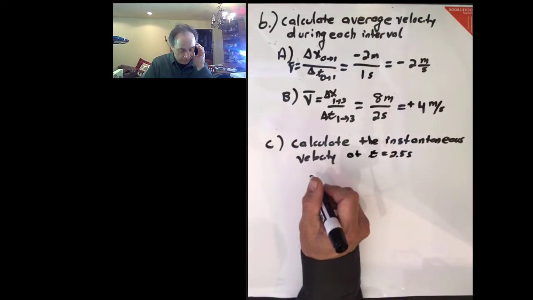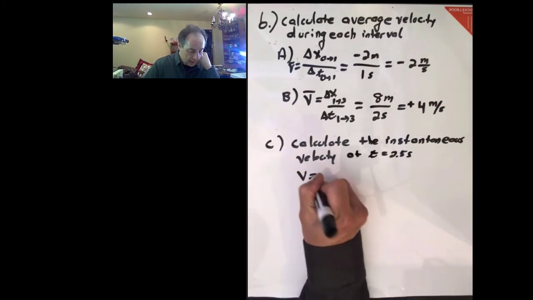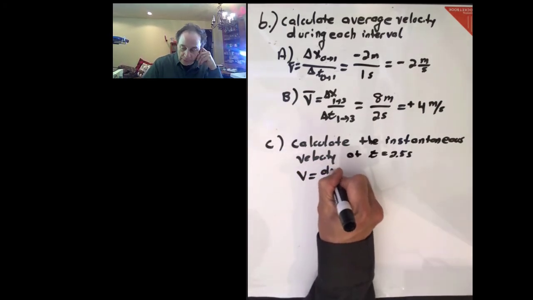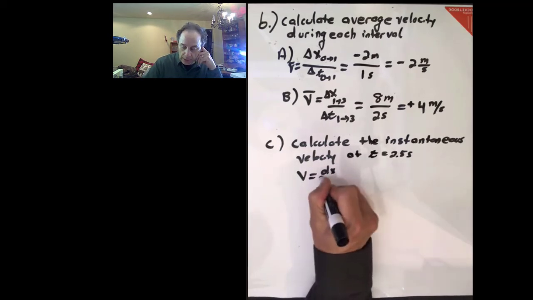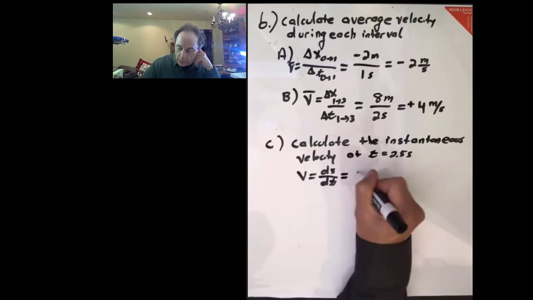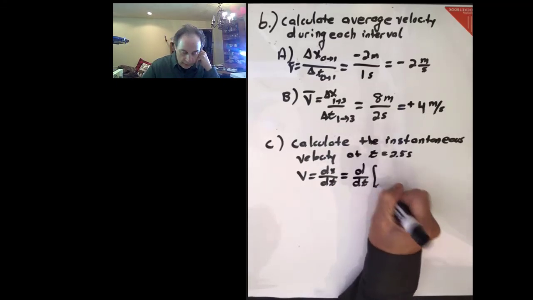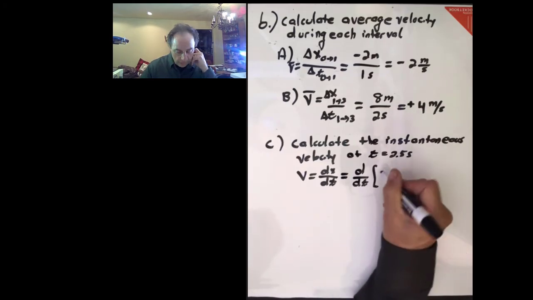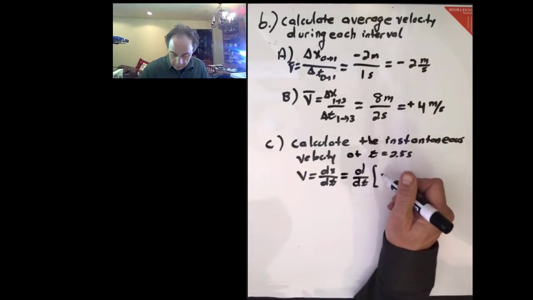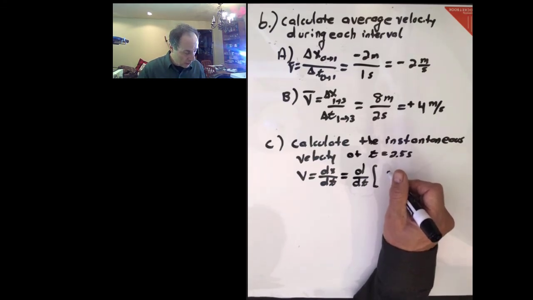Alright, now, remember, instantaneous velocity was defined as the derivative of the displacement function with time. So that's going to be the derivative of the function we were given in the beginning. Remember, x equals minus 4t plus 2t squared.